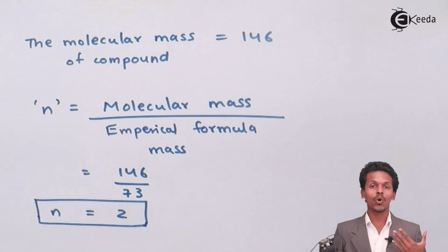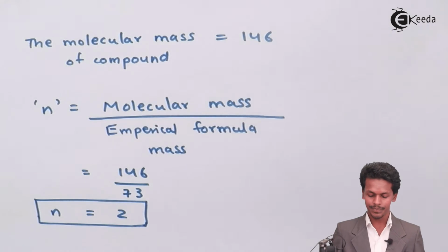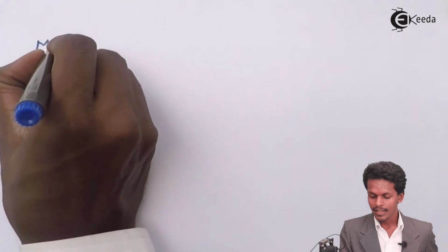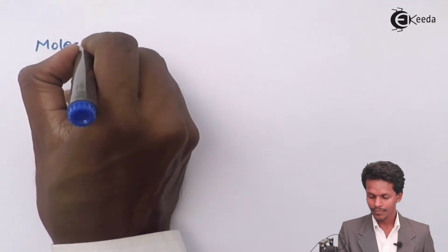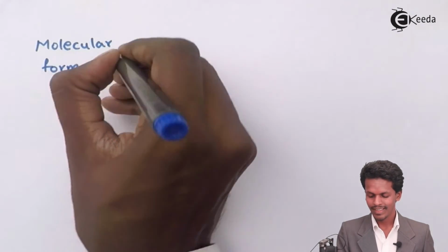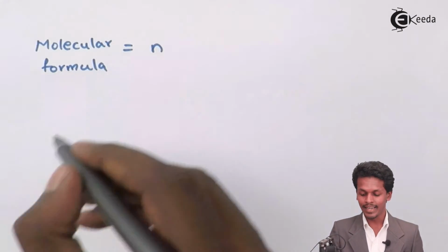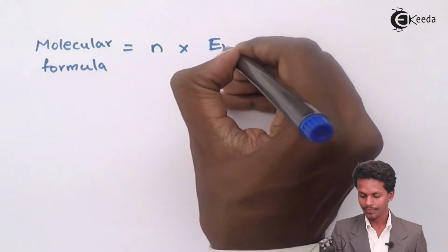But this is not the final answer because we have to calculate the molecular formula. The relationship between the molecular formula and the empirical formula is: the molecular formula is equal to N, the factor that we have got, into the empirical formula.